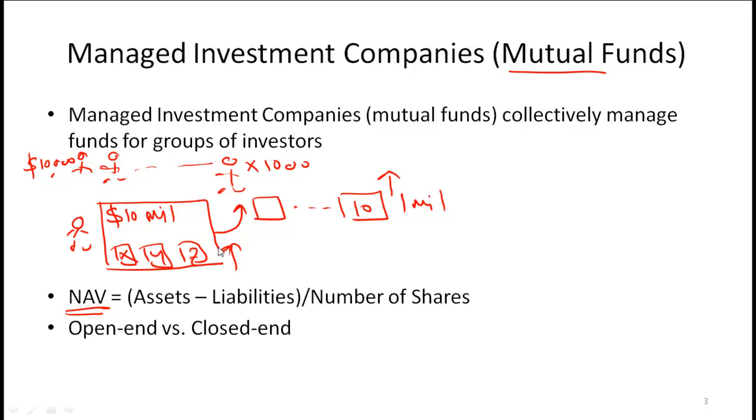Now, if we take this very simplistic example, then initially, let's say the total assets are 10 million. Let's say that initially we don't have any liabilities, and the number of shares issued by this fund is equal to 1 million. So initially our NAV will be 10 over 1, so our net asset value is 10. And NAV is a per share number.